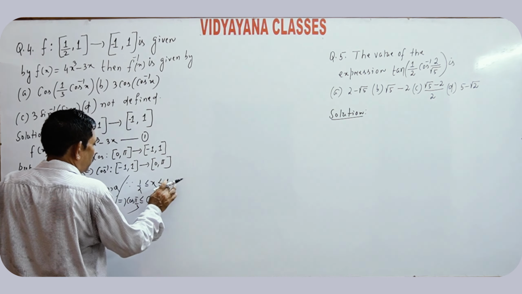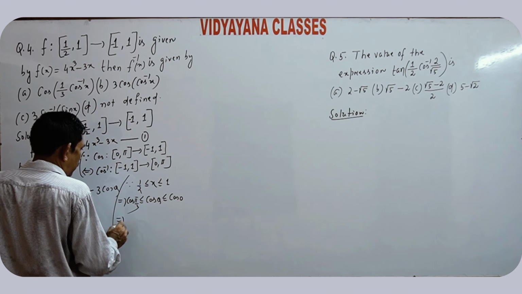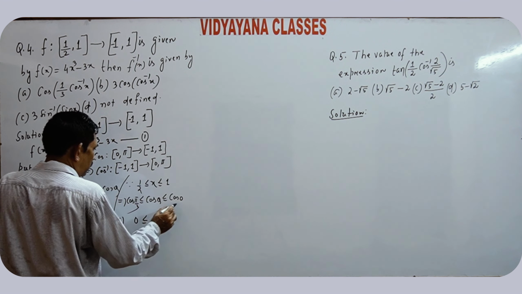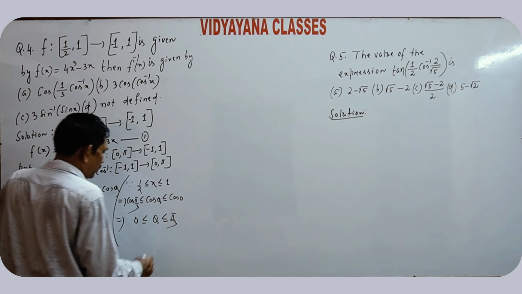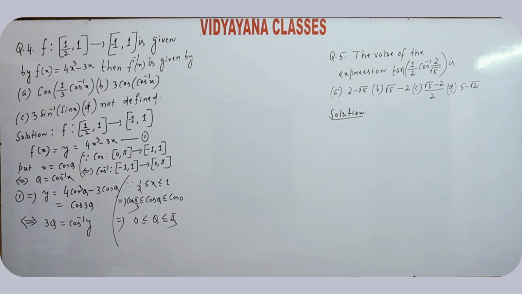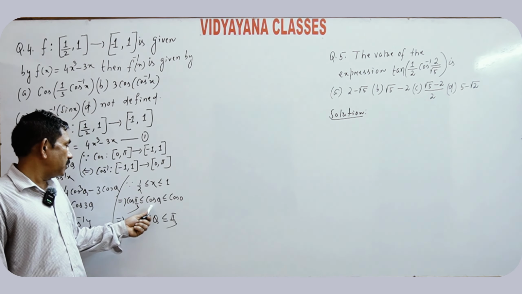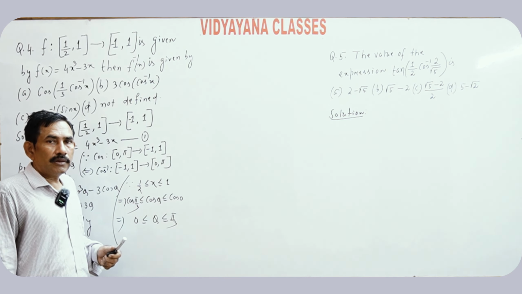Less than or equal to 1 means cos 0, which implies theta is greater than or equal to 0 and less than or equal to pi by 3, since cos theta is decreasing in the interval 0 to pi.